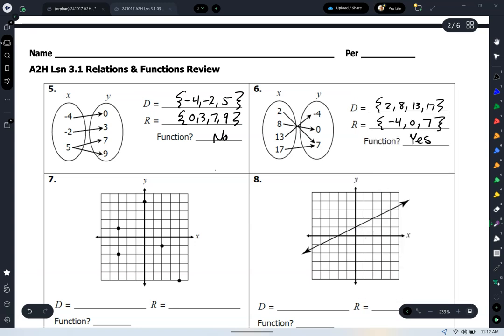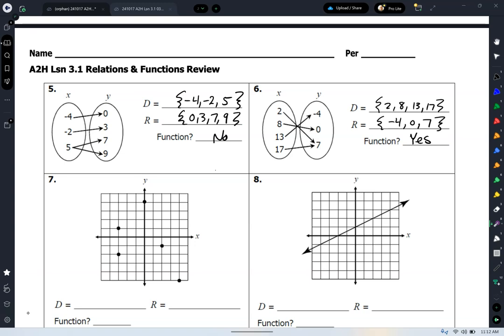This would be an example of something that doesn't pass the vertical line test, because we have 5 linked with +7, but we also have 5 linked with +9. That means at 5 on the x-axis, it would cross through 7 and 9, and that vertical line would render that not a function. Still discrete, though, because we have an individual set of points given to us, just written differently.